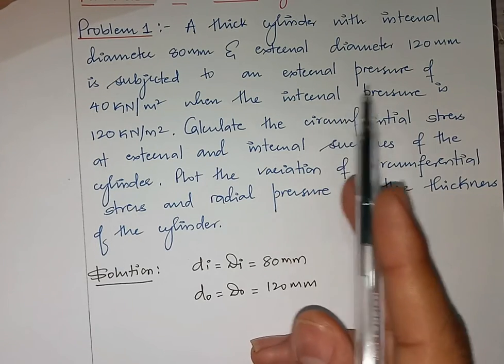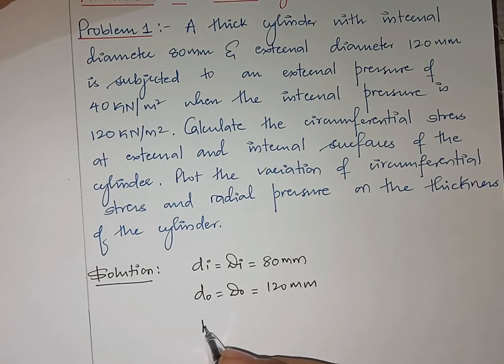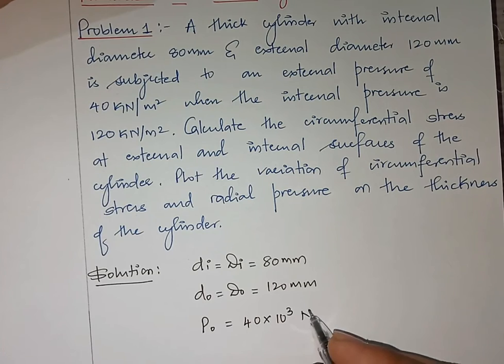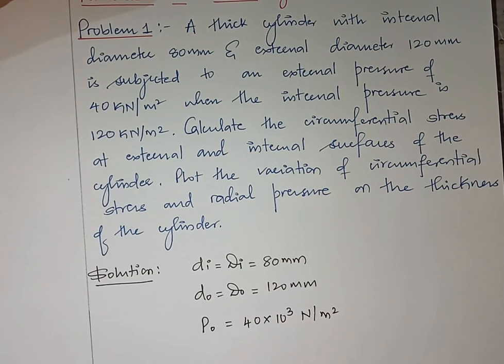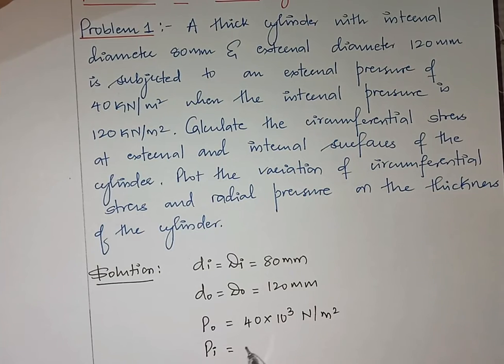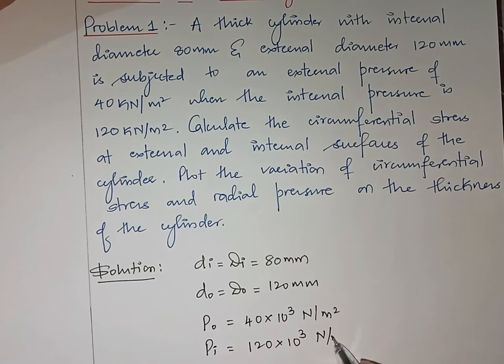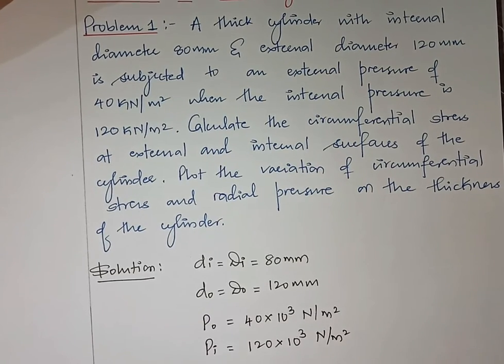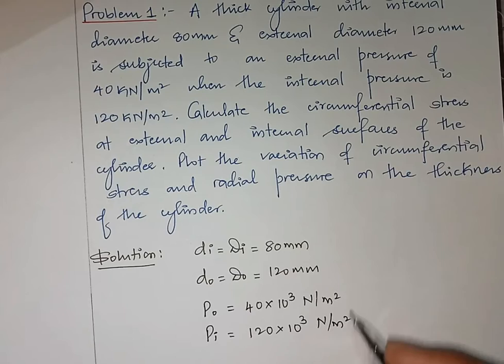And external pressure P naught is 40 into 10 raised to 3 Newton per meter square, and internal pressure Pi is 120 kilonewton, which I am writing as 120 into 10 raised to 3 Newton per meter square, right? So these are the things known to us.